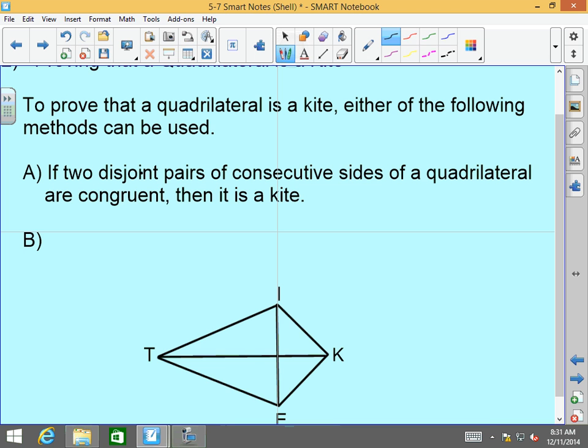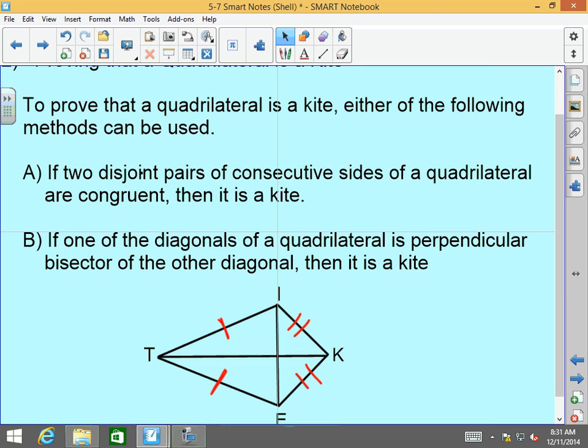So we've talked about this before. If this disjoint pair and this disjoint pair are congruent, then it is a kite. And also, if one of the diagonals of a quadrilateral is the perpendicular bisector of the other diagonal, then it is a kite.